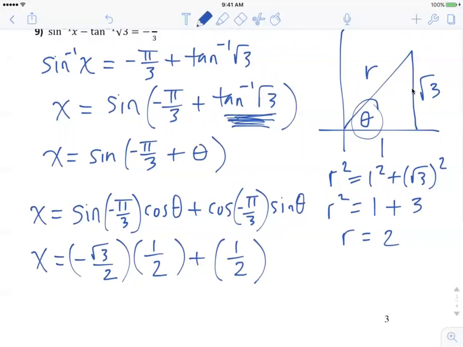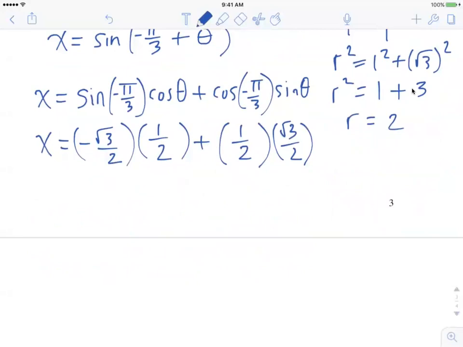Cosine of negative pi over 3 is equal to positive 1/2. And then finally, sine theta, I have to go back to my little triangle here. Sine theta is y over r, root 3 over 2. Okay, now we just have numbers.